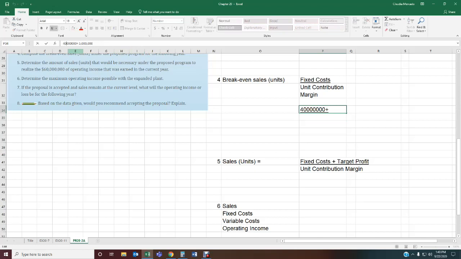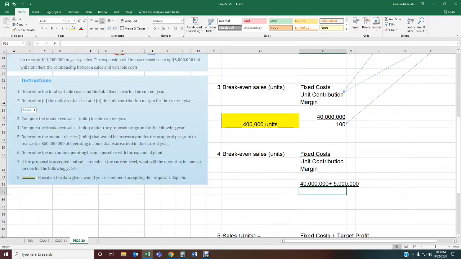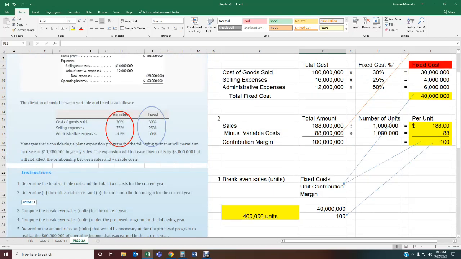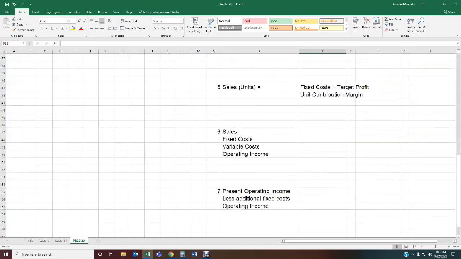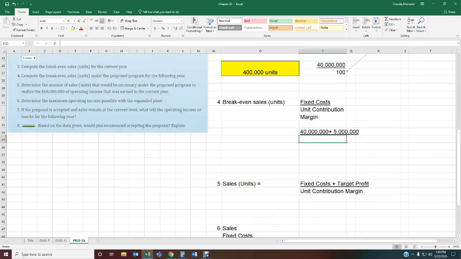Let me just put some commas here. And then I'm going to divide by my unit contribution margin, and my unit contribution margin is 100 per unit.